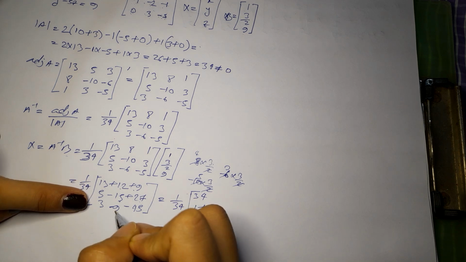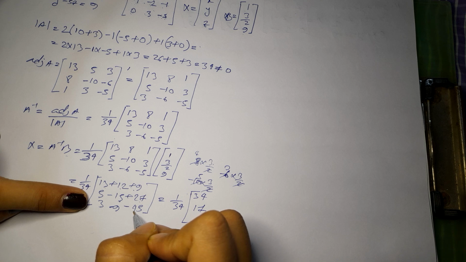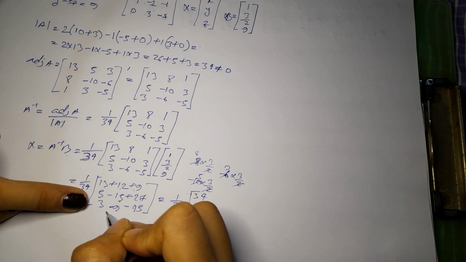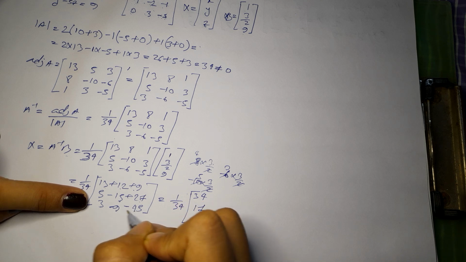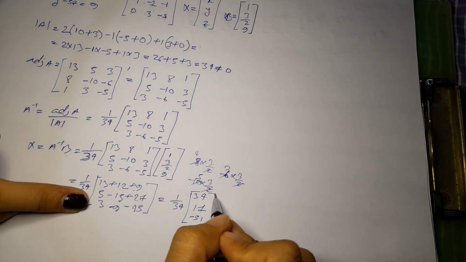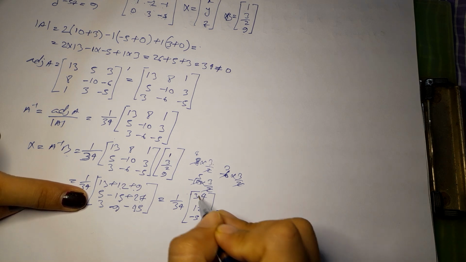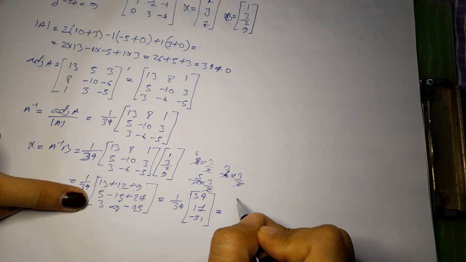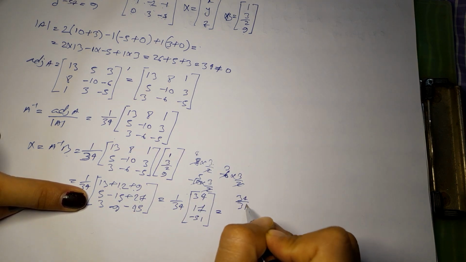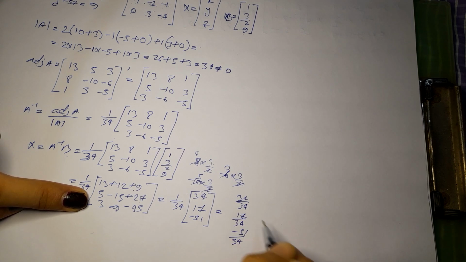Here minus 3, minus 9, minus 45, which gives minus 51. So all these numbers are divisible by 34. So divide it: 34 by 34, then 17 by 34, then minus 51 by 34. Cancel it.